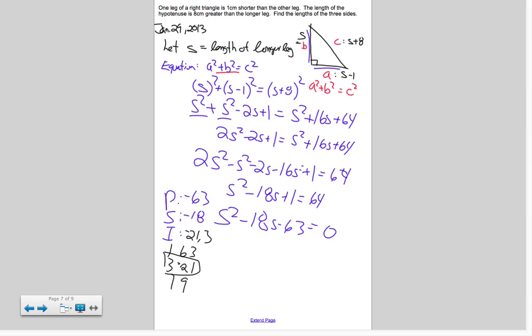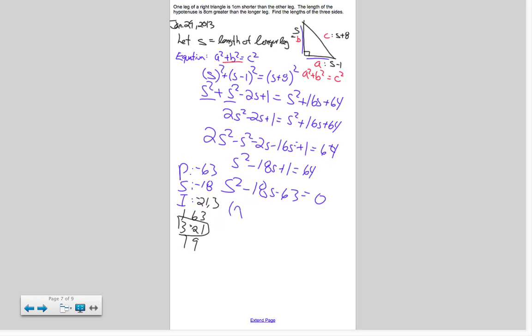So here we can factor this. I want to decompose this. s squared minus 21s plus 3s minus 63 is equal to 0.